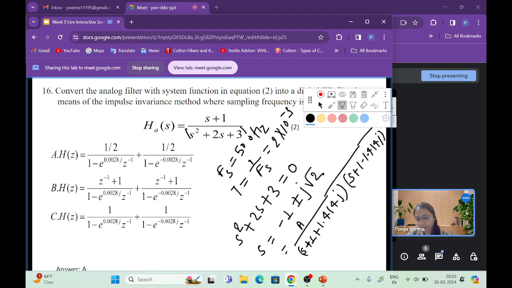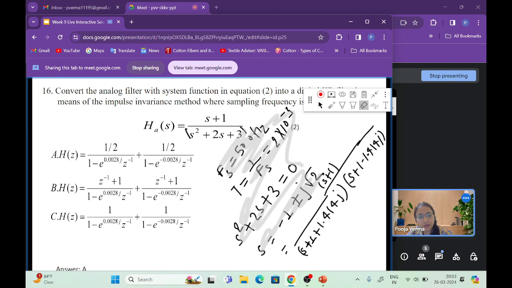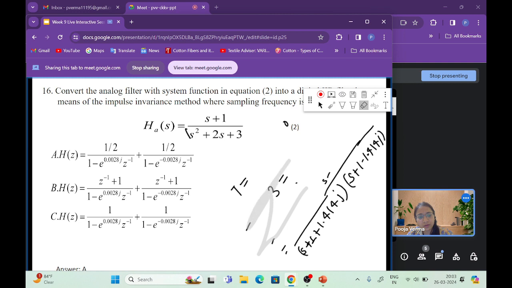Okay, so now these are the poles, and the numerator is S plus 1. Already you know how to solve the partial fraction. So I am removing this from here, then solving it.